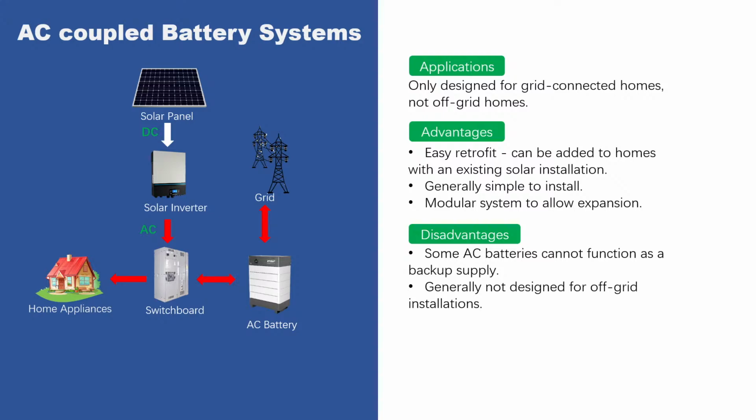These systems are generally only designed for grid-connected homes, not off-grid homes, as the transformerless inverters are typically not powerful enough to run a home completely off-grid and cannot handle the surge load of many appliances. These systems are generally simple to install, modular, and one of the most economical choices for storing solar energy.